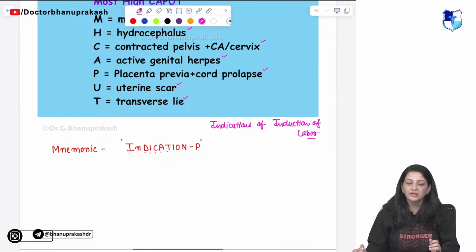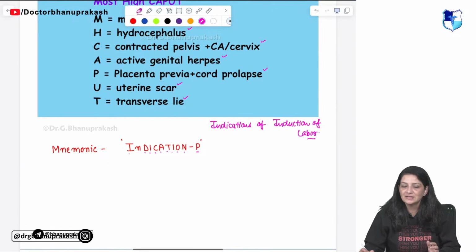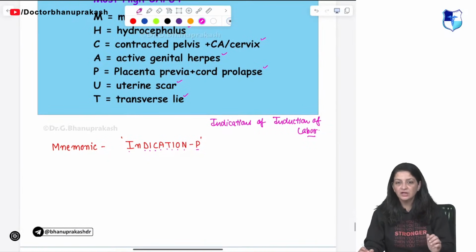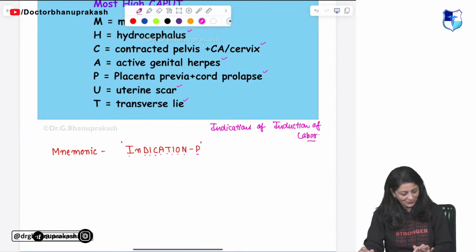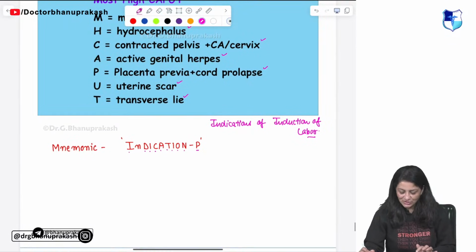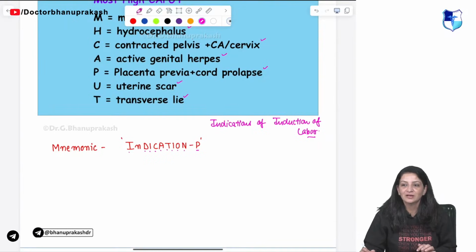T, twin pregnancy. Again I, isoimmunization. O stands for oligohydramnios. N stands for nulliparous with advanced maternal age. P stands for postterm pregnancy and premature rupture of membranes. So these are the indications to do induction of labor.